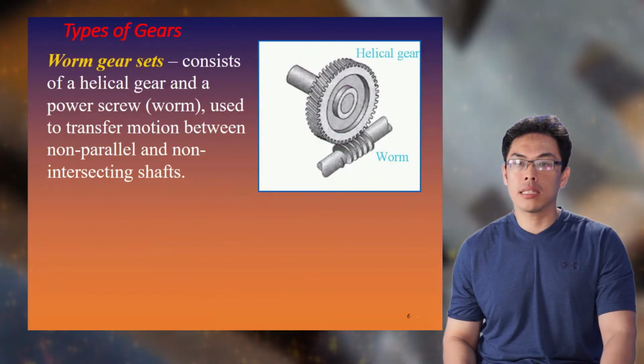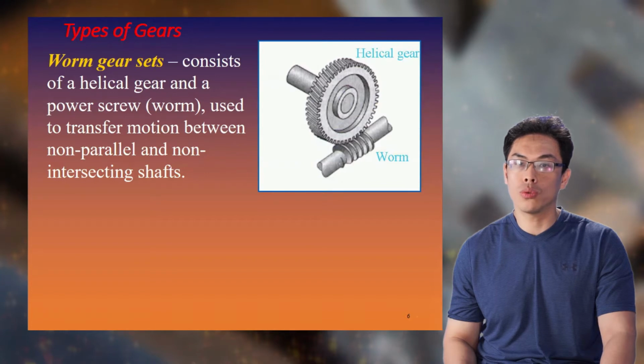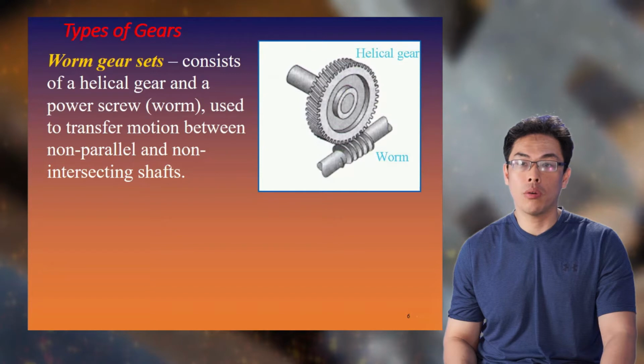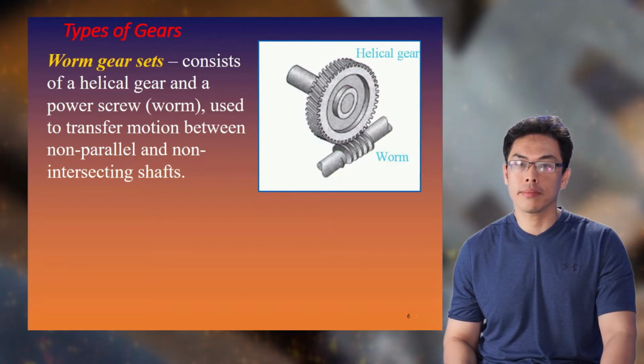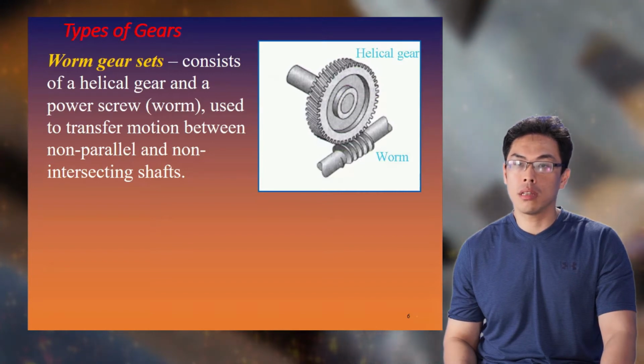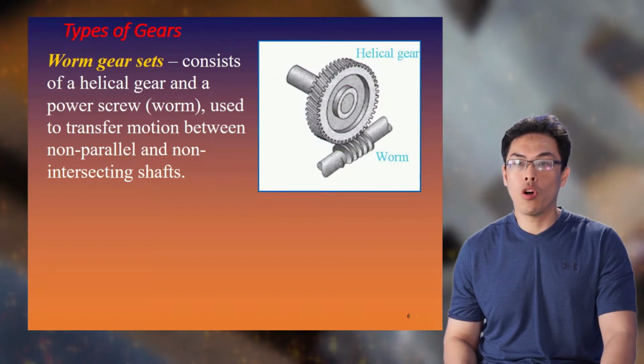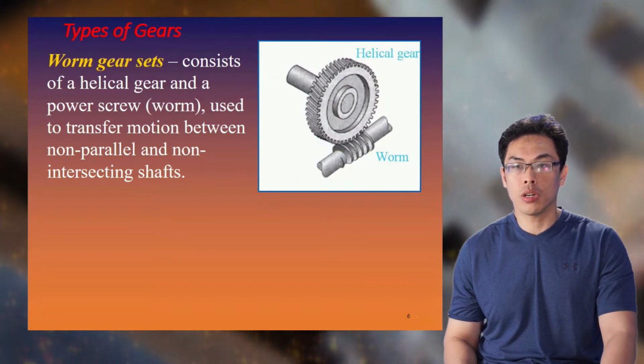Worm gear sets consist of a helical gear and a power screw, used to transfer motion between non-parallel and non-intersecting shafts. A worm drive is a cylindrical gear with a shallow spiral thread that engages the worm gear in a non-intersecting perpendicular axis configuration.